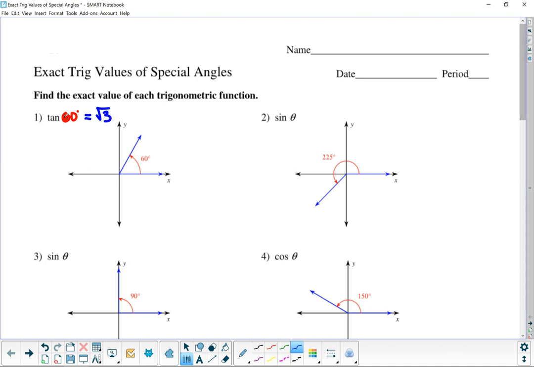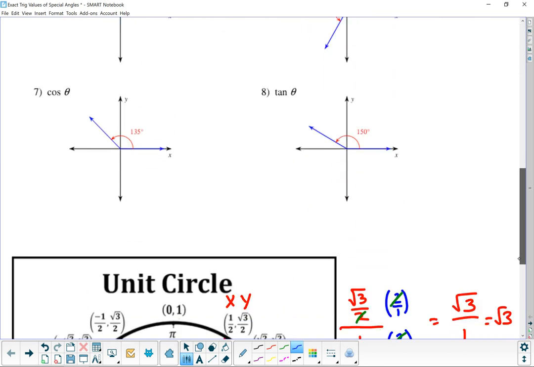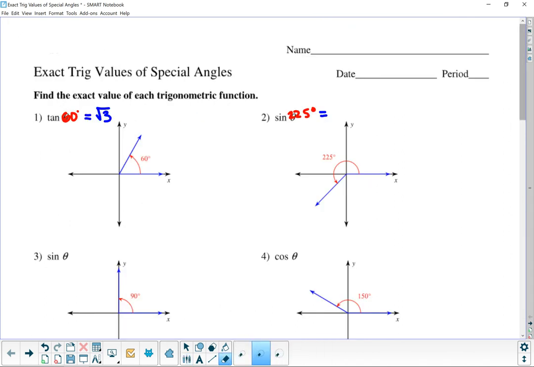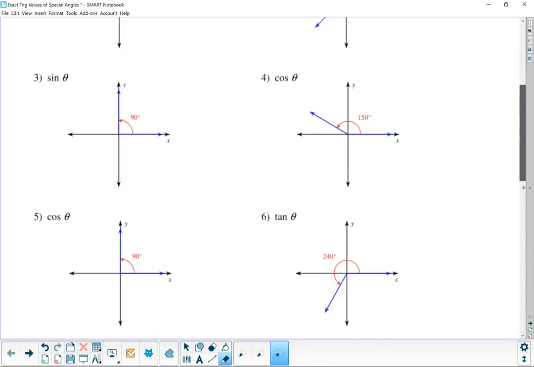Okay, sine of theta, and in this case, theta is 225 degrees. Again, if you want to put 225 degrees, you can, but you don't necessarily have to. But we ultimately want to find out what that is equal to. So 225 degrees, and we're looking for just a sine.